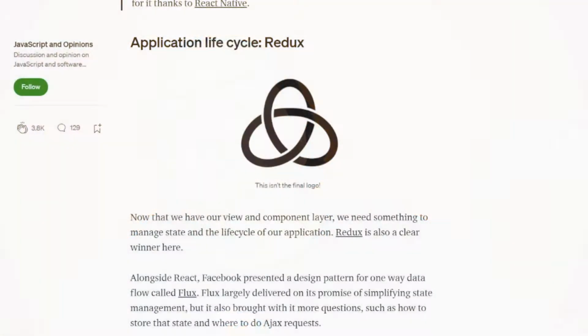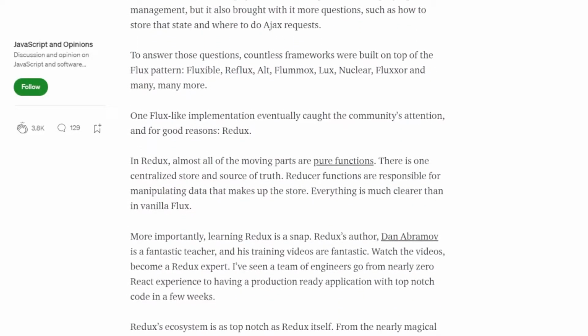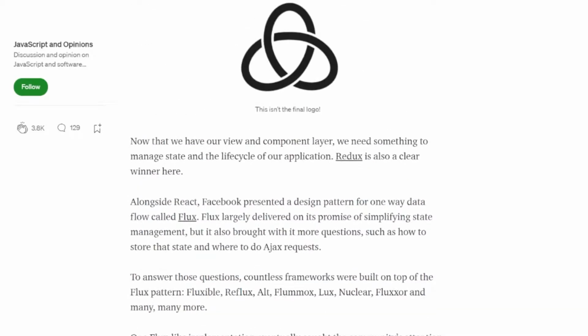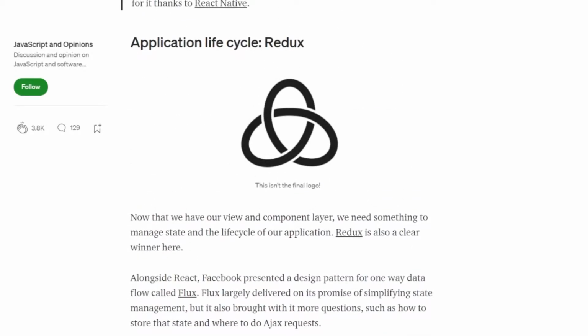So, state management or application lifecycle. One thing to remember in 2016 is that folks had gotten burnt over and over by JavaScript libraries that promised to make things easier, but that always had the same issue with state management.